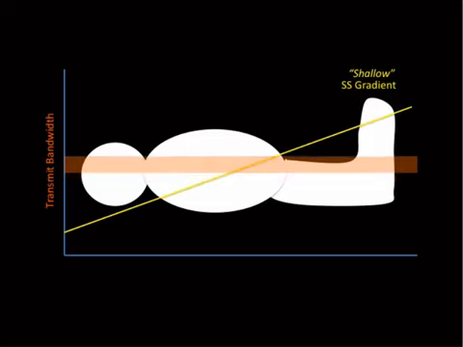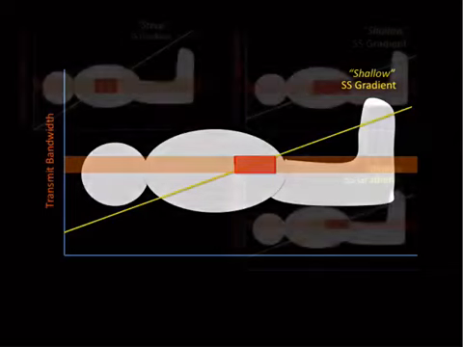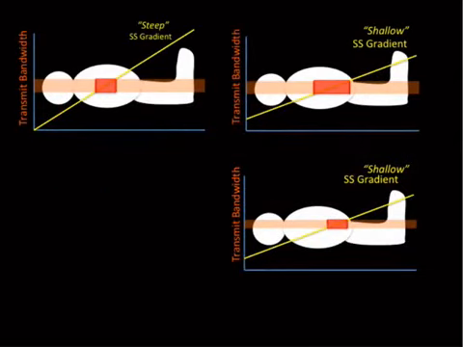And then here's a situation where we kept that same shallow slice-select gradient, but instead we narrowed our transmit bandwidth. Okay, and you can see that right there, it got thinner. So taking a look here and just comparing those things out.